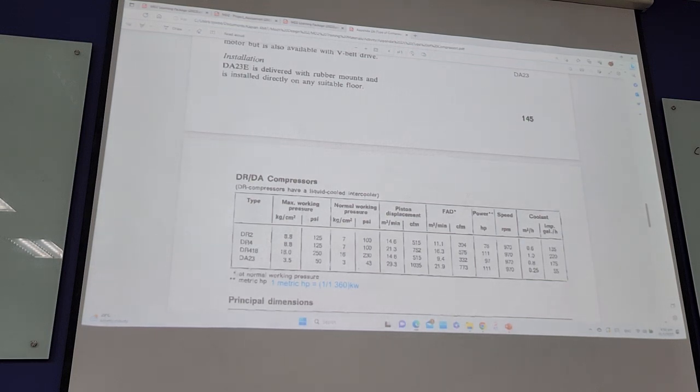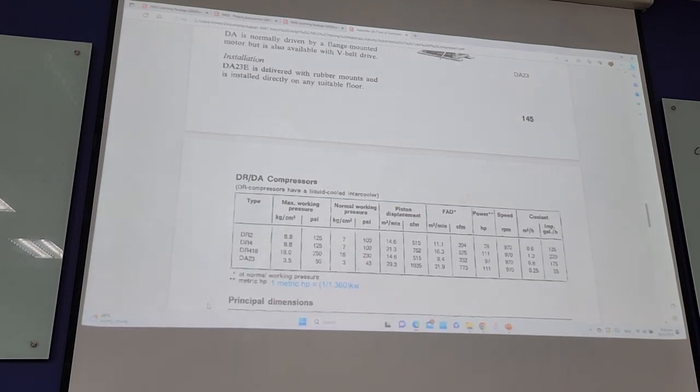Maximum working pressure is 125 psi. Maximum working pressure. So it's 125 psi. How to convert to Pascal?